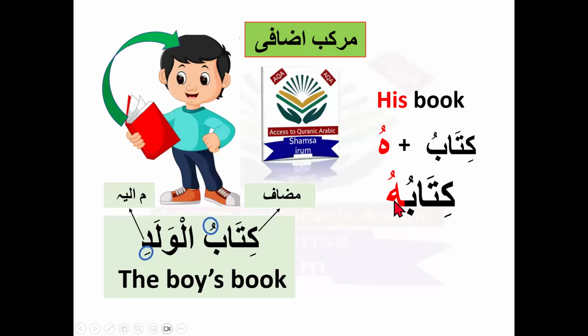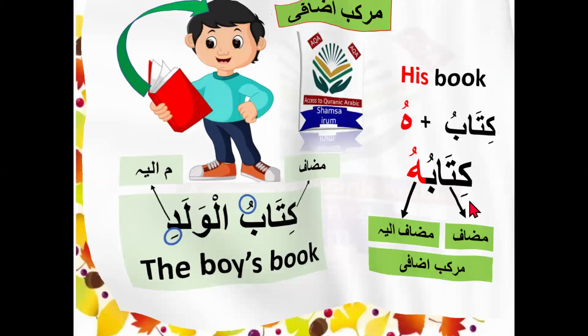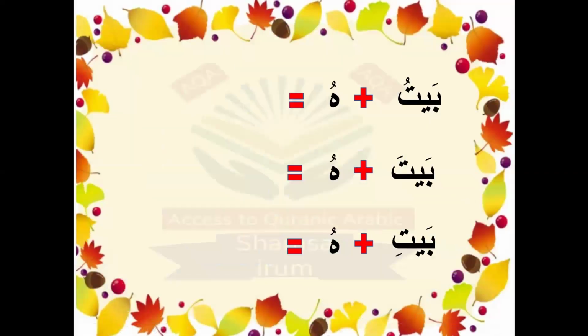That's why it will be in majroor state, and the ism, the noun before it, will be called mudaf. So kitabu is mudaf because it is an ism and is constructed in the possessive construction, and hu, the pronoun, is here mudaf ilayh, the construct of the murakkab izafi. Kitabuhu means his book.